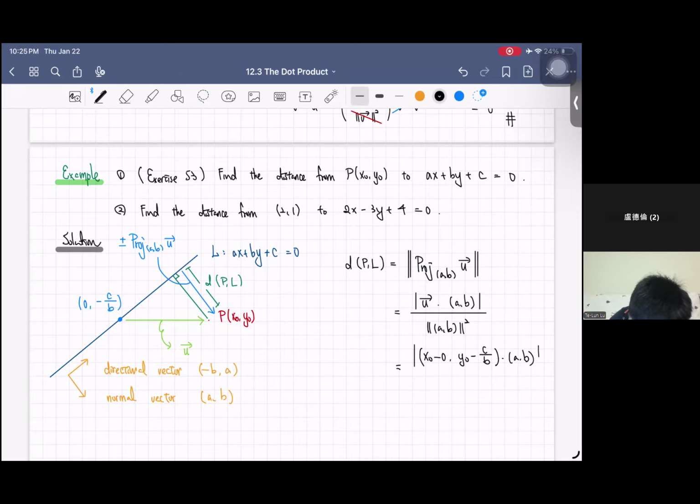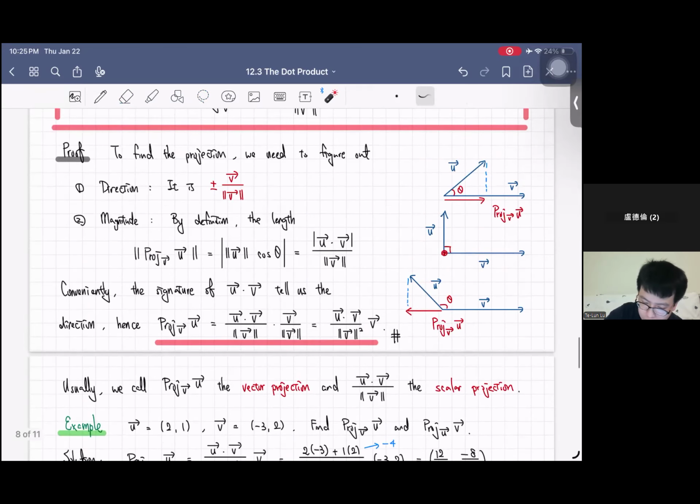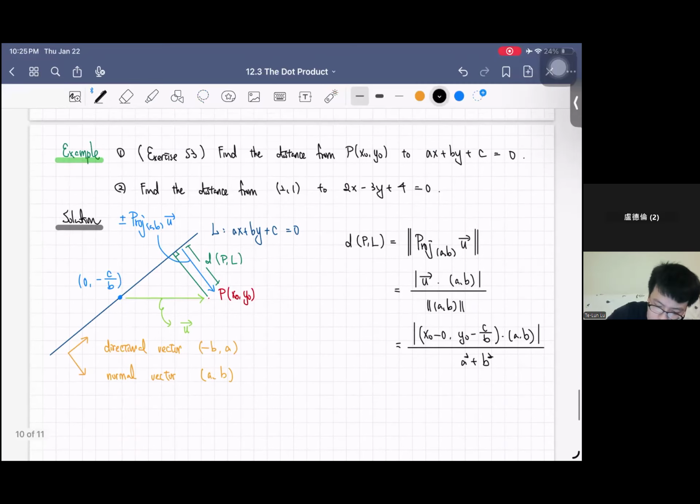It is just the square root of A squared plus B squared. Sorry, I shouldn't put a square here. If you recall, there's no square, so there's actually a square root. And eventually you can see very nicely that it is A x naught plus B y naught minus c. Oh, it should be plus c, sorry, because we are subtracting minus c over b. So it's plus c.